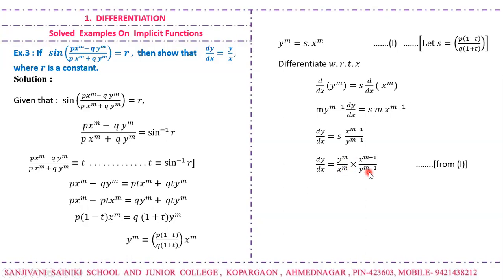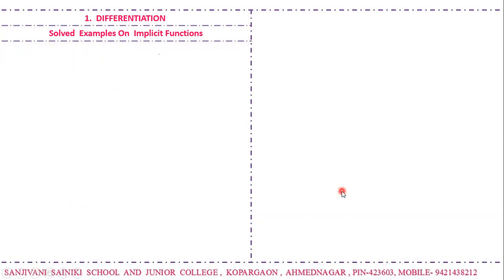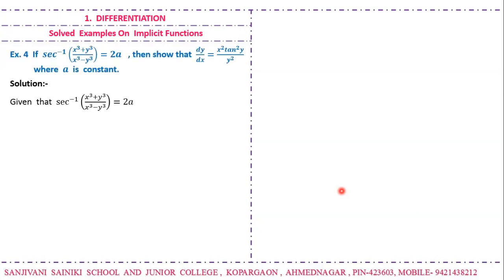This is y^(m−1), this is x^(m−1), and this is y^m upon x^m. So after cancelling the terms, we will get y upon x. So the derivative is y by x. It is so simple because we simplified before taking the derivative.